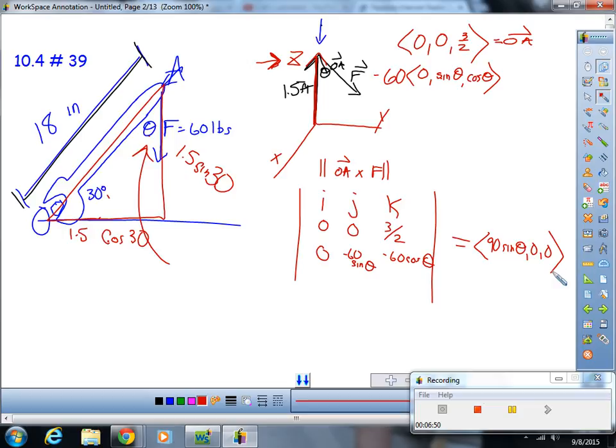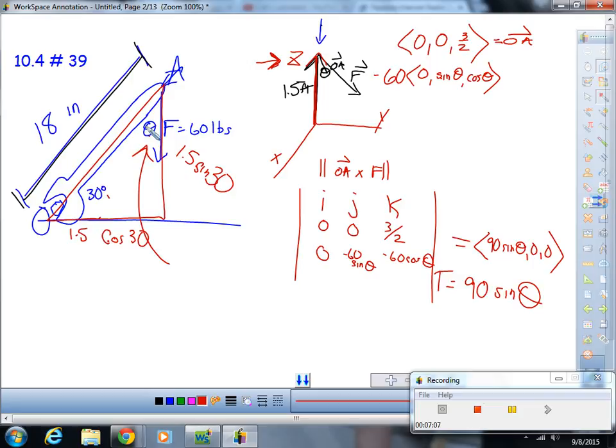And the magnitude of that is just 90 times the sine of theta. So we have succeeded in writing the torque equation as a function of angle theta. So that's part A done.